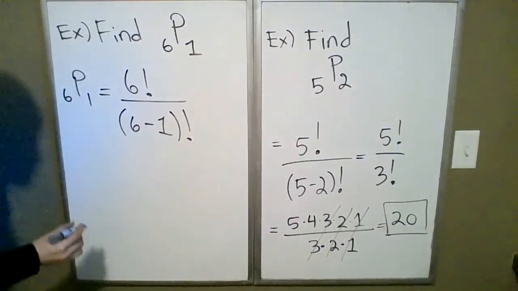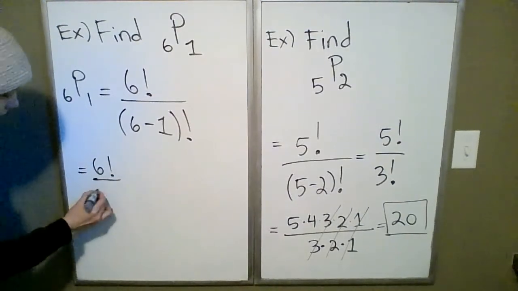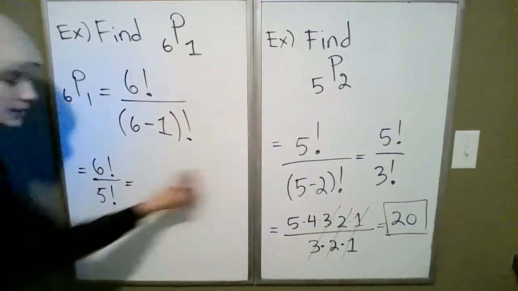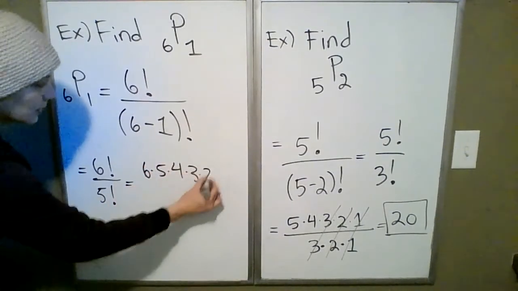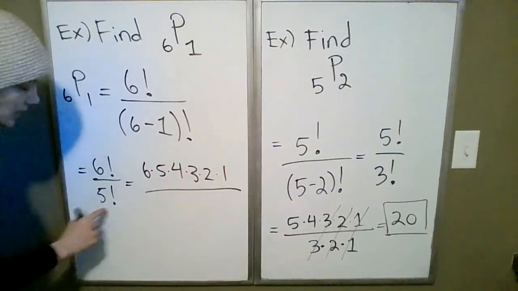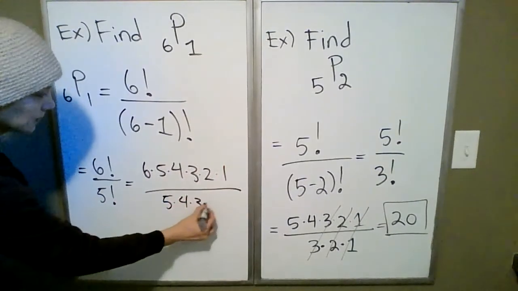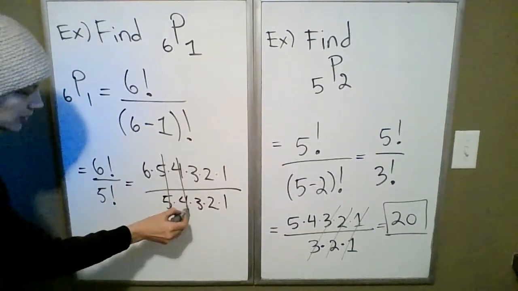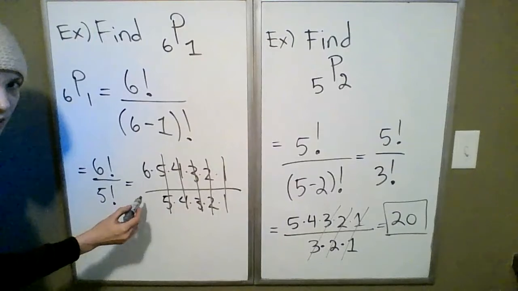All right, 6 factorial over 5 factorial. So we'll expand: 6 times 5 times 4, and the same thing here. And then 5 over 5, 4 over 4, 3 over 3, 2 over 2, 1 over 1. What's left is 6.